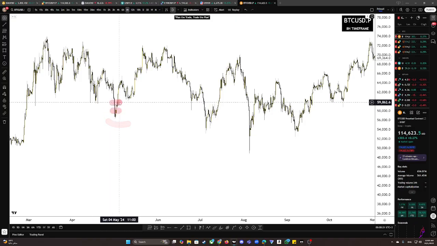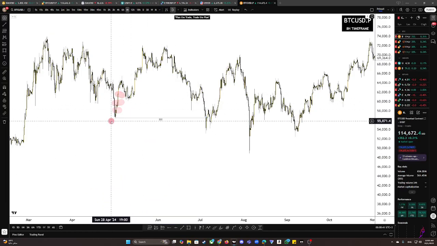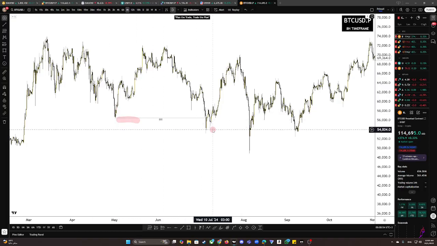So people who bought here and here, where do they have their stop loss? They have it here. And when a market maker pulls price back and takes out a very important low like this low, it means that everyone who bought here and here and has their stop loss here basically sold their positions with a loss, and the market maker actually buys at these times.